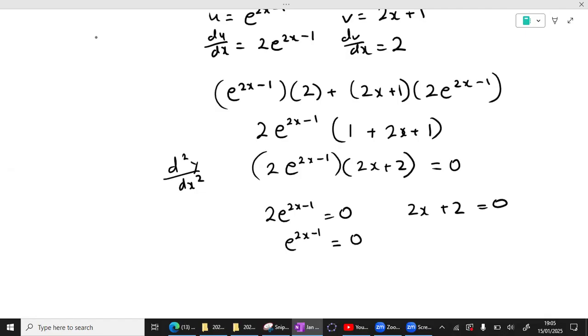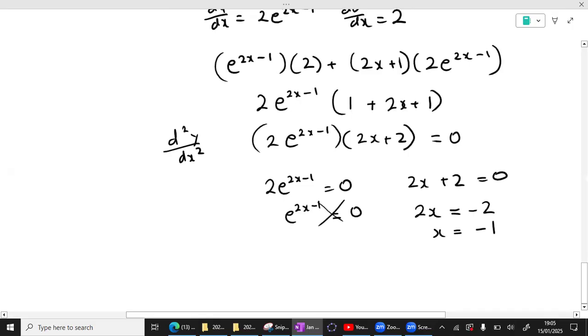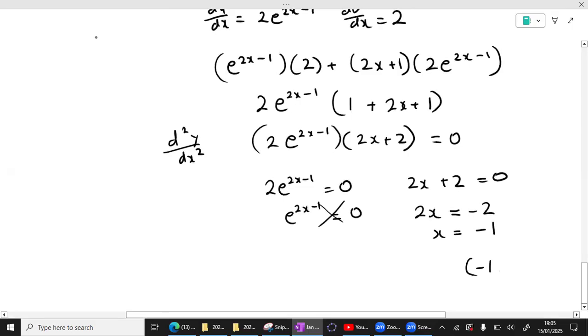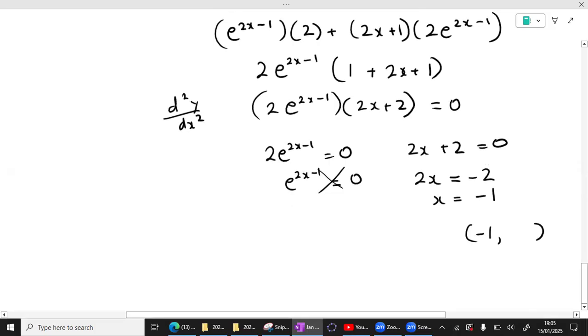So that result is not viable. So I just continue ahead with this one, and I end up getting that x is -1. That's my x value for my point of inflection. And notice it is only one point of inflection. So all I have to do now is get my y value.